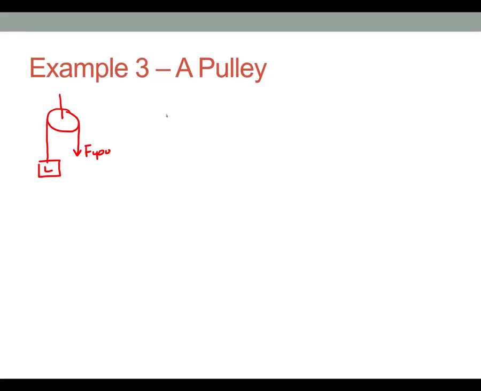I want to think about what's going on with the tension in the rope here. Okay? And we have to make some assumptions. One assumption is that the string or the rope attached to this pulley, we want to assume it can't stretch. The second simplification is that the pulley itself has no mass, or the mass of the pulley is negligible to the system.